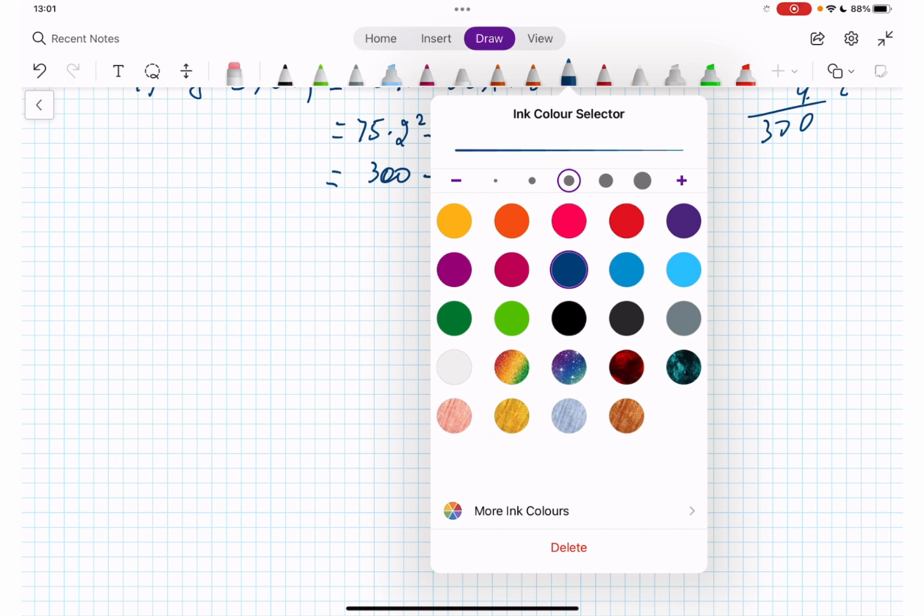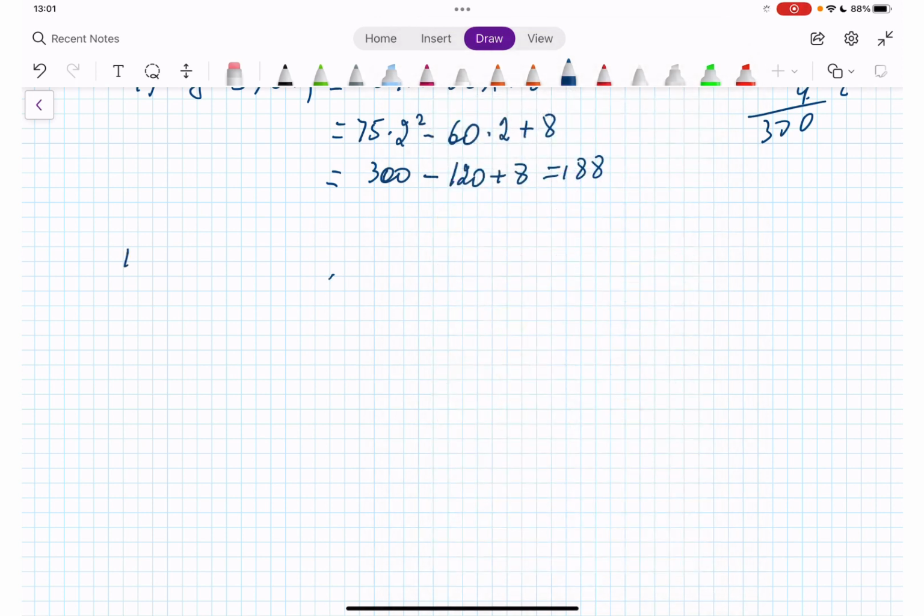Solving number 17. So we have f of x equal 9x plus 8. And g of x is equal to x minus 8 over 9.